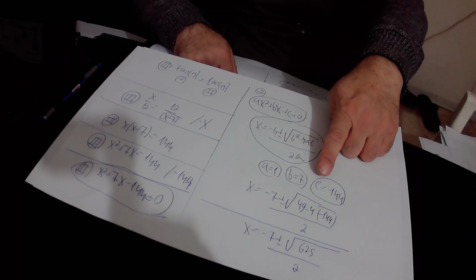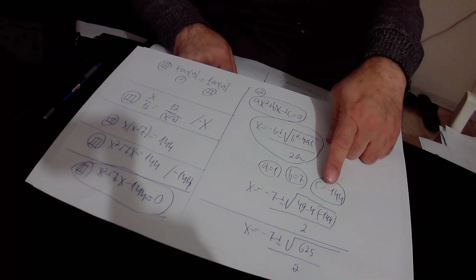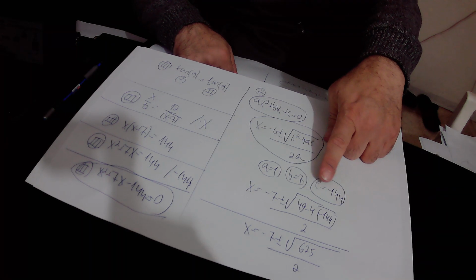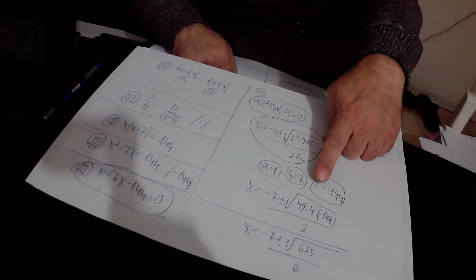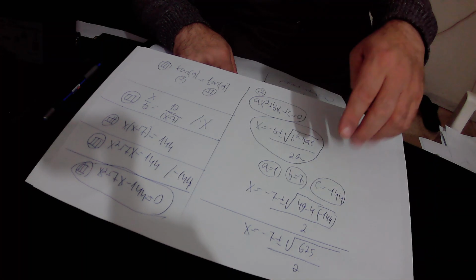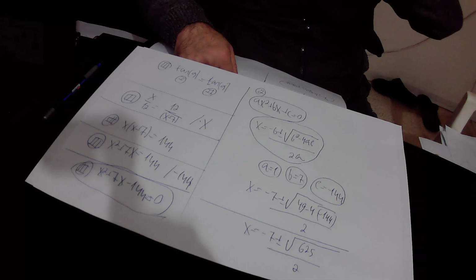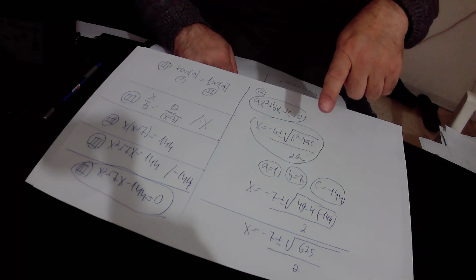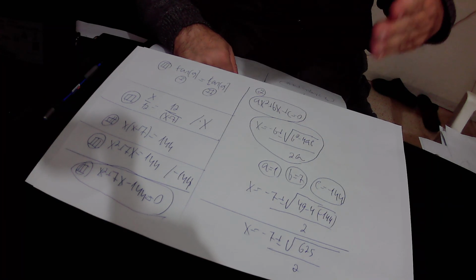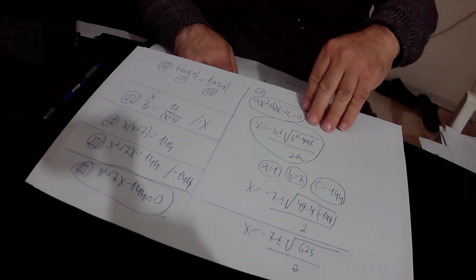So inside the root we have minus 4 times minus 144, which is plus 576, plus 49, in total 625. So inside the root we are left only with 625. So we found out that x equals minus 7 plus minus the square root of 625, over 2.